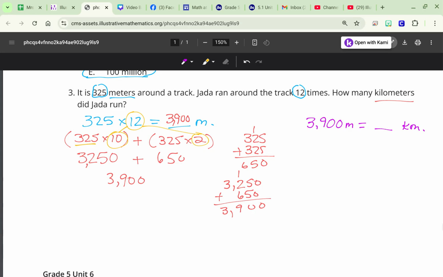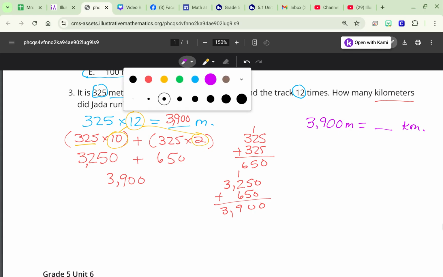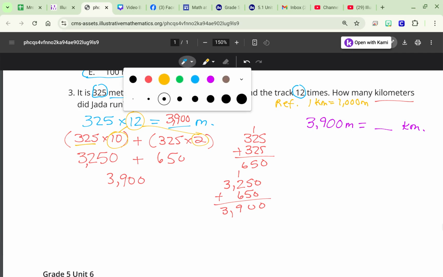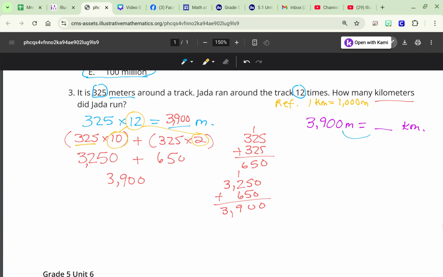We remember the reference relationship. We actually wrote this at the very top of our page, but we remember our reference here is that in 1 kilometer, we have 1,000 meters, right? So to go from meters over here to kilometers, we are going to have to divide by 1,000.